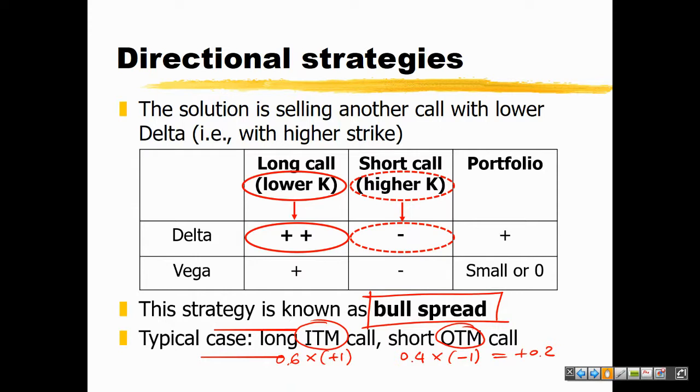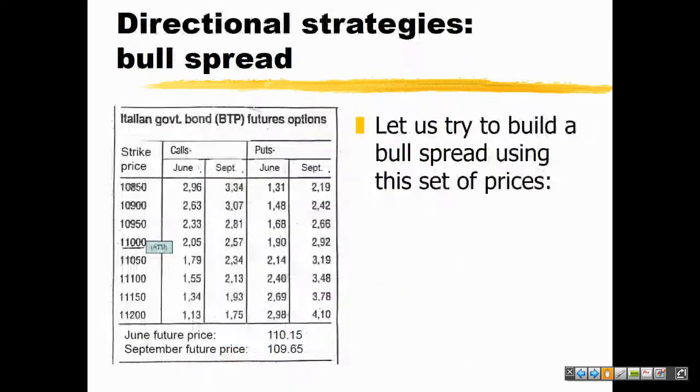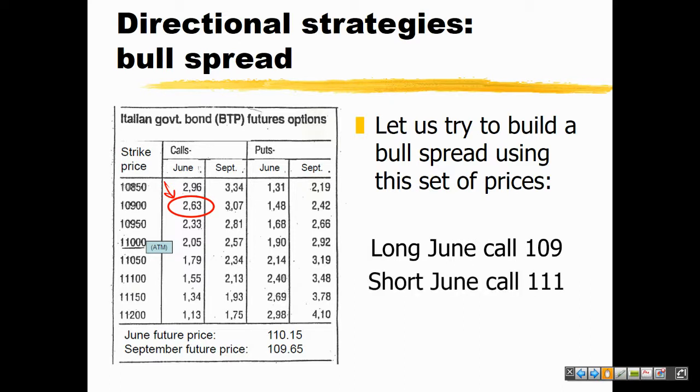Let us try to understand better how the bull spread works. In order to do that, let us imagine to build the bull spread using the set of prices we used already. So imagine we buy the call maturity June with a 109 strike, which has a cost of 2.63, and we sell the call option strike 111 with a premium of 1.55.